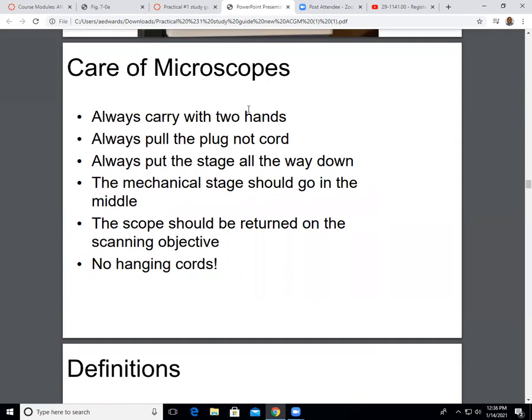What's this? Arm. This whole area here is a body tube, okay. What about this thing right here? Coarse adjustment knob. How about this one? Fine adjustment knob. The lamp, okay, very good.